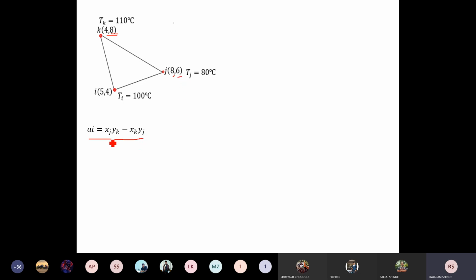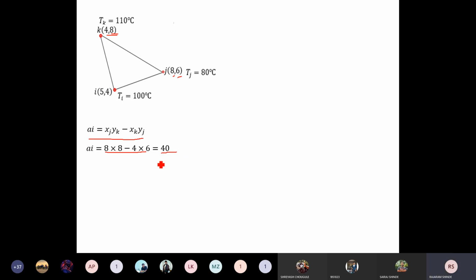Therefore it is 8 into 8 minus 4 into 6, you will get 40. You just check the calculations. If there is a mistake in the calculation, or in any input, we will correct it. It is not complicated, it is very simple.